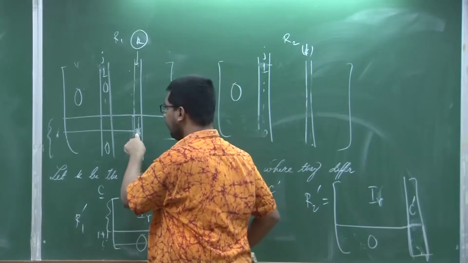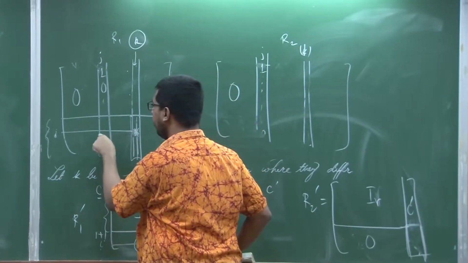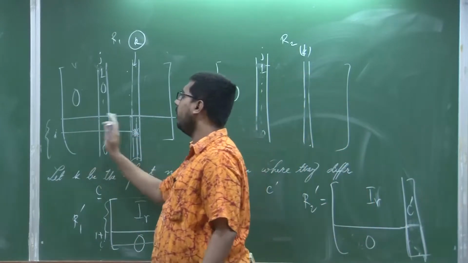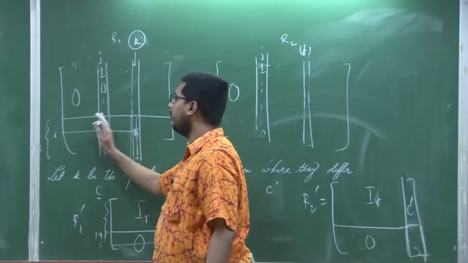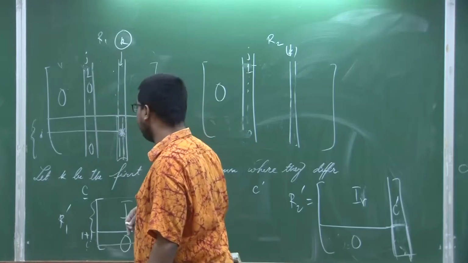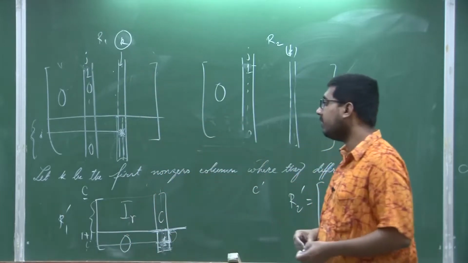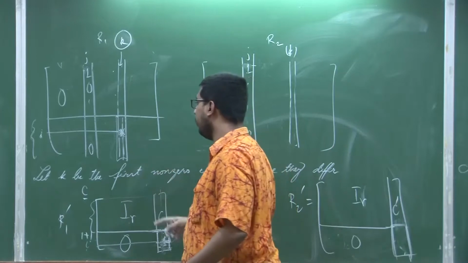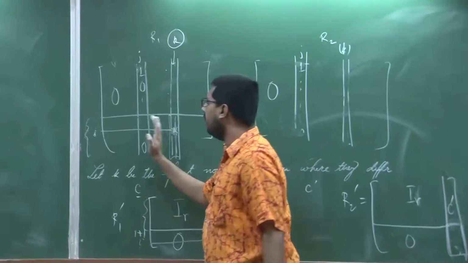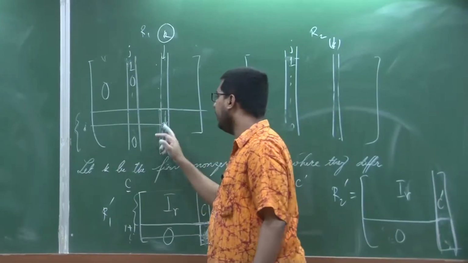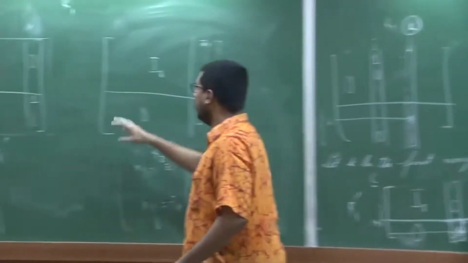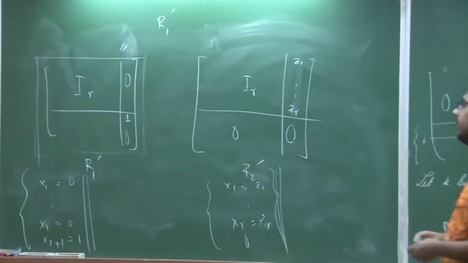Either its pivot is contained in one of the pivotal columns to the left of the kth column or not. Since I have considered all the columns before that, we have only these two possibilities.